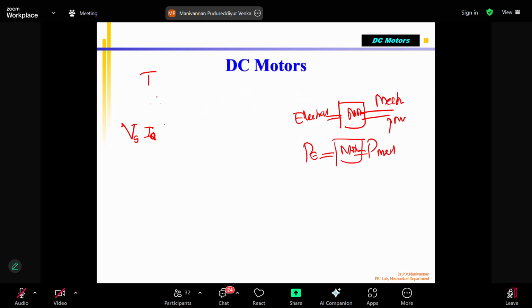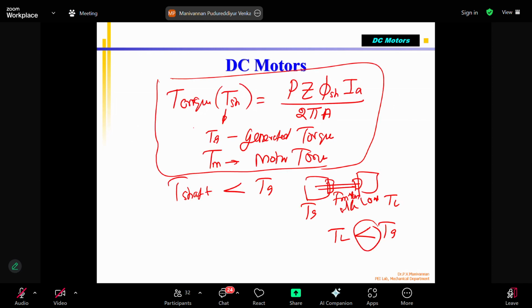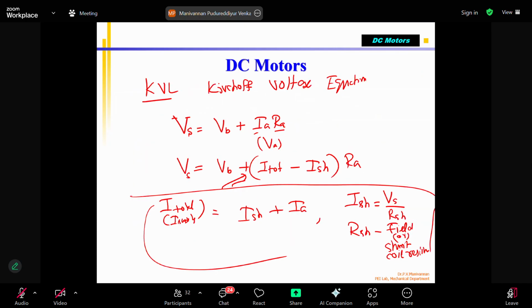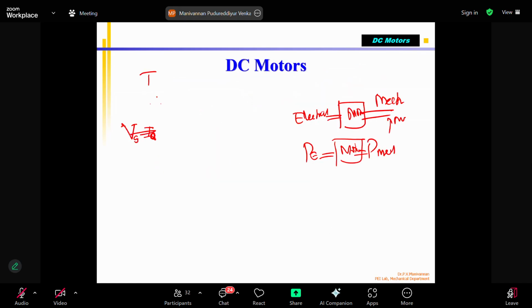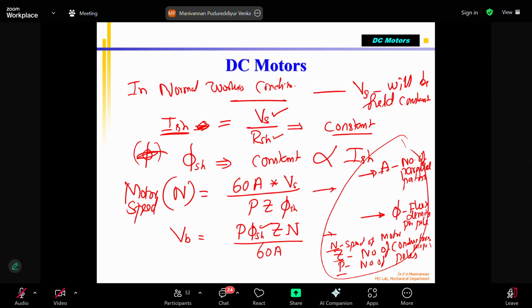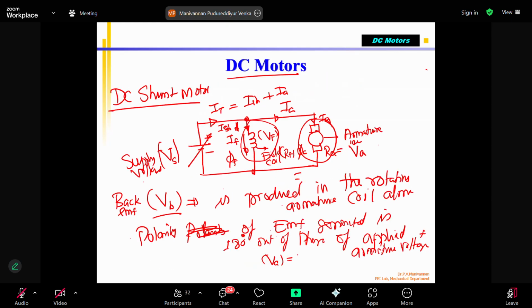One minute, I just want to check what we used. I think we use IT, the total current. So the input power is Vs into IT. This is the total current supplied from the battery, you can see here. IT is given, and this is the supply voltage.